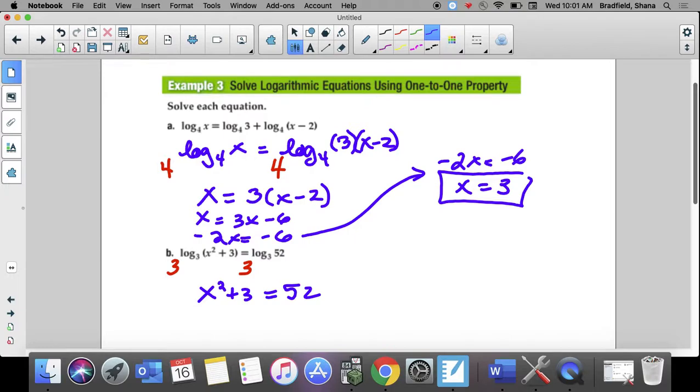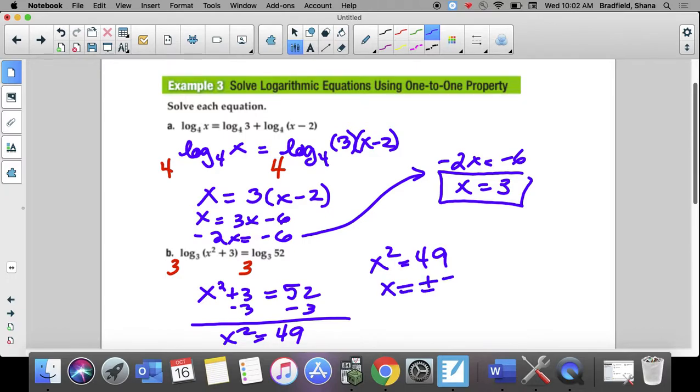I'm going to subtract 3 from both sides, and I get x squared equals 49, and x equals plus or minus 7.